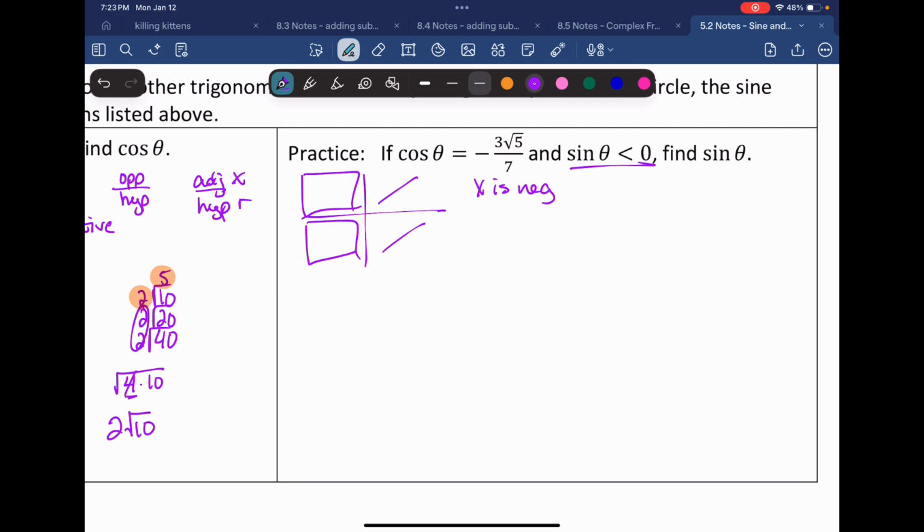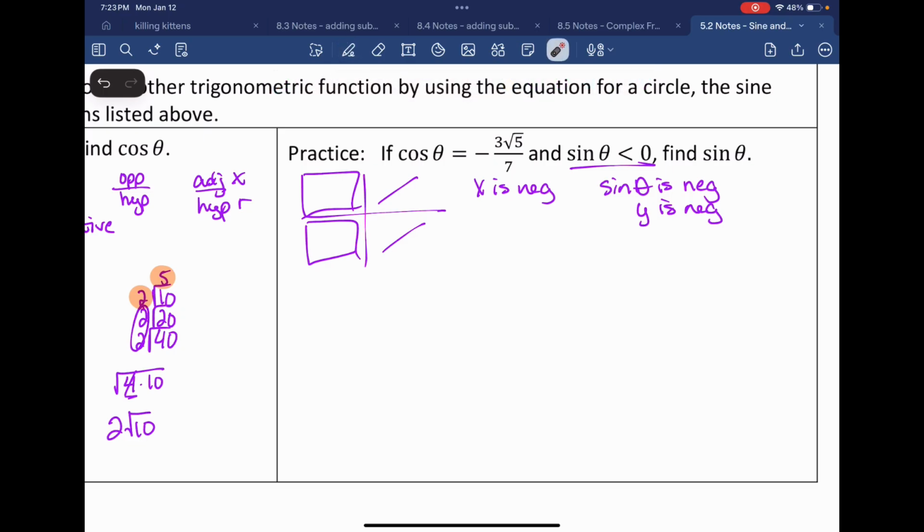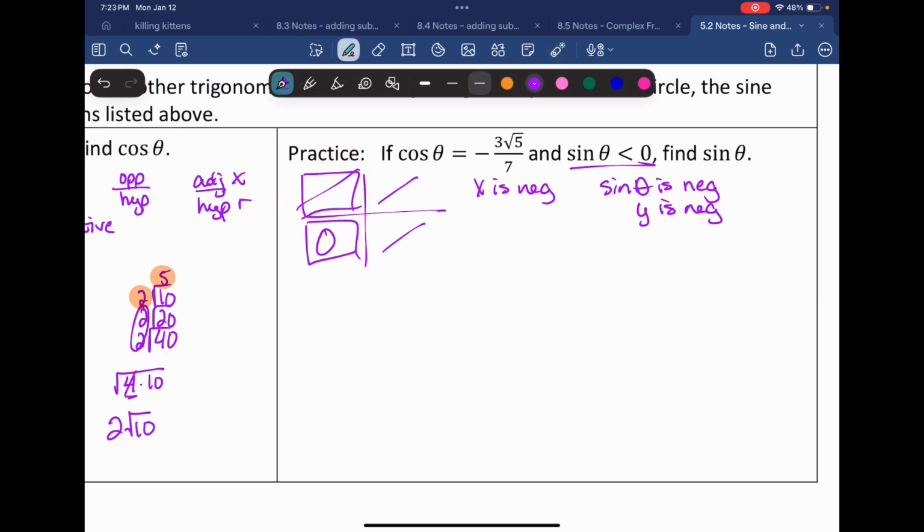But then it says sine theta is less than 0. So that means sine is negative. And if sine is negative, sine is also the y-coordinate, y is negative. Well, y is positive in quadrant 2, so that means I'm in quadrant 3.